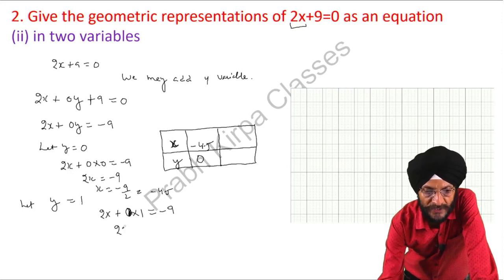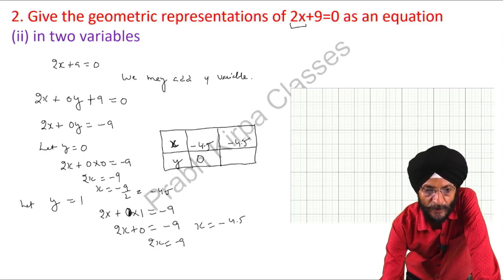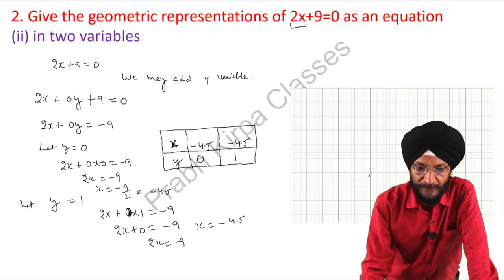Then 2x plus 0 into 1 becomes 0, so 2x is equal to minus 9, x is equal to minus 4.5. So here again the value of x comes 4.5 and the value of y is 1.